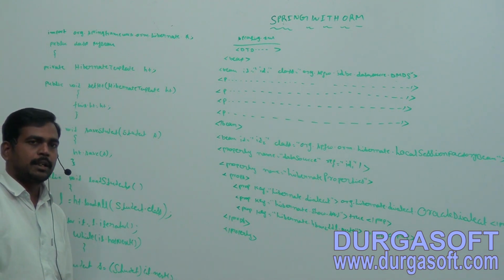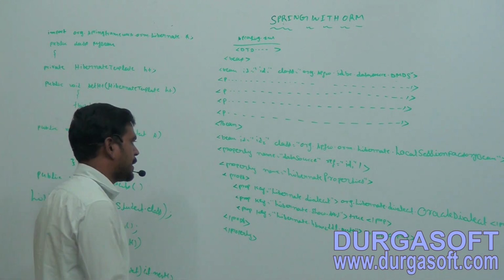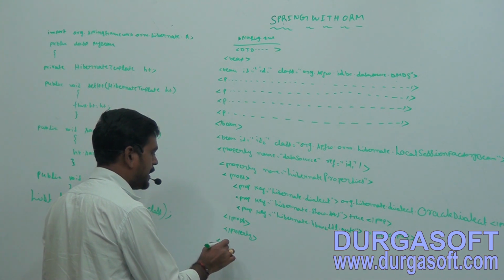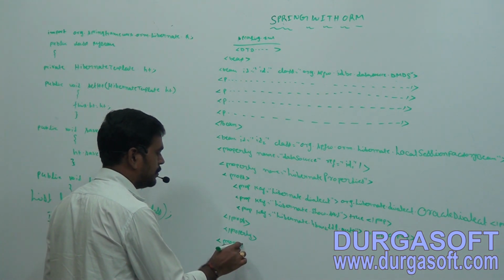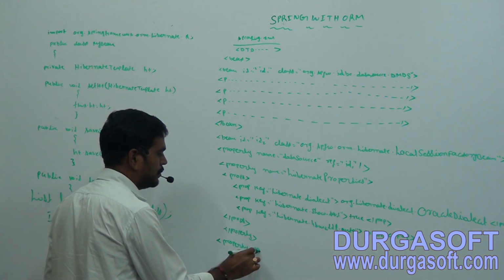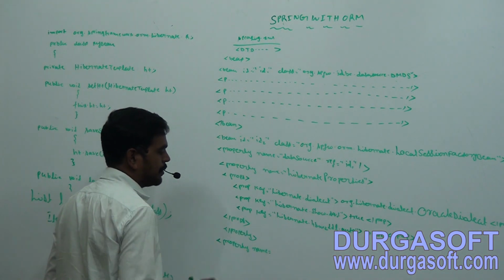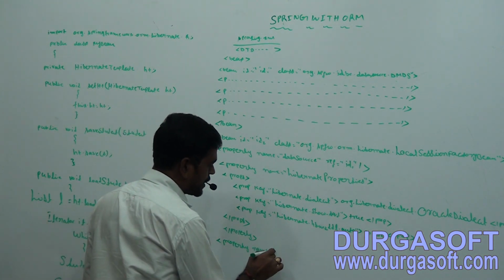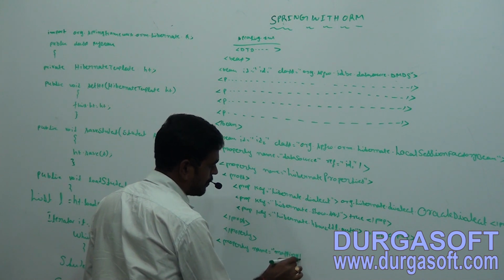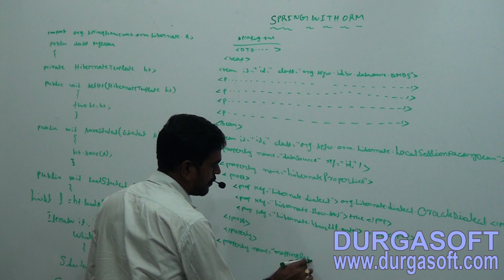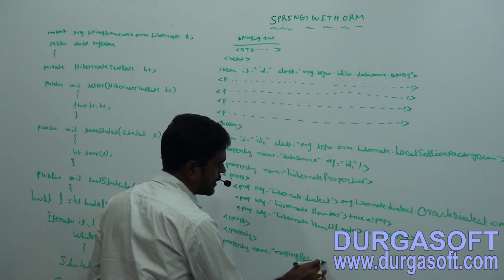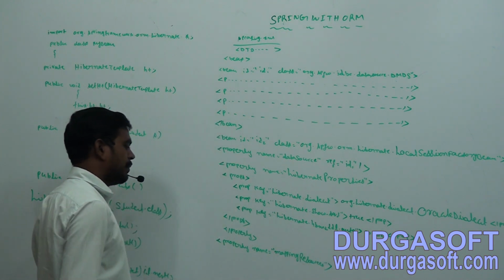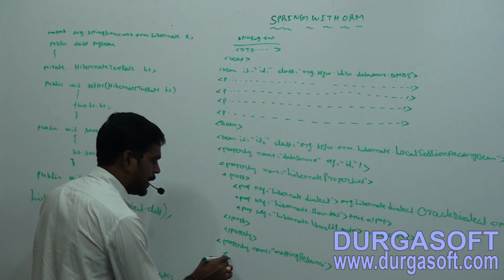Then third property, property name is equal to mappingResources. Under that, take the list.